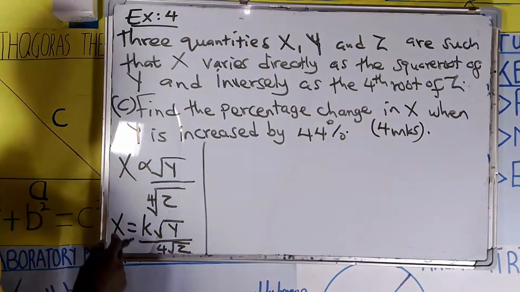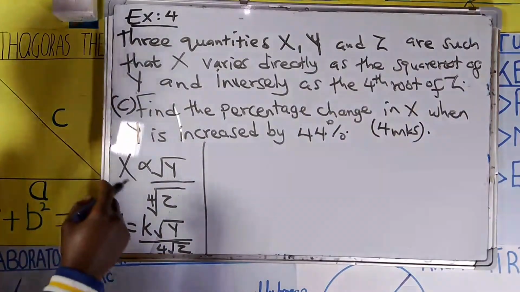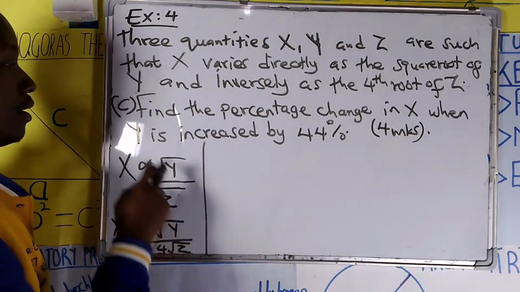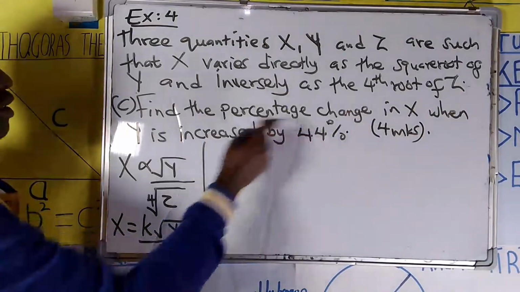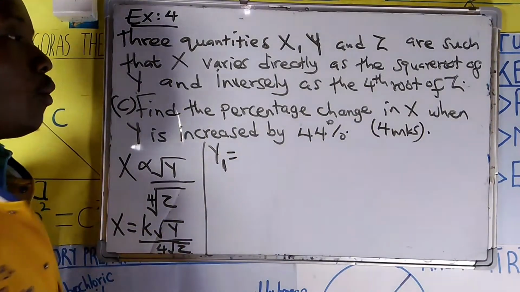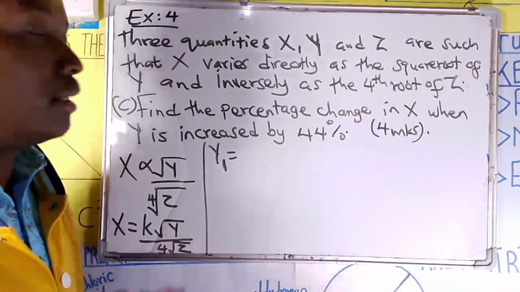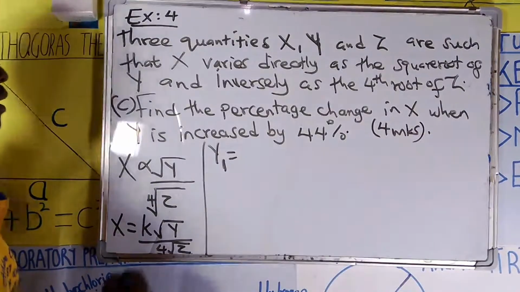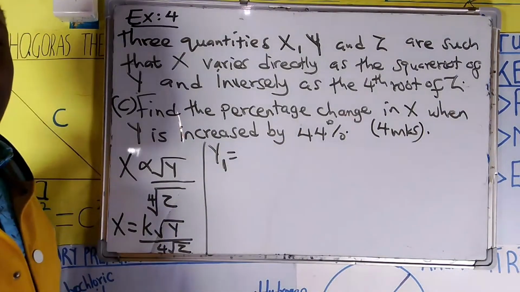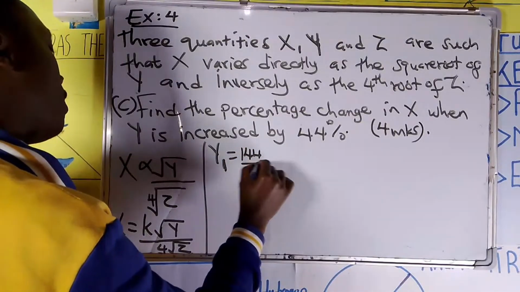With this, now we can come here. Find the percentage change in x when y is increased by 44. So new y, if y increased by 44, that means old y or the initial y was 100%. But since it has increased by 44, it is going to be 144 over 100%.